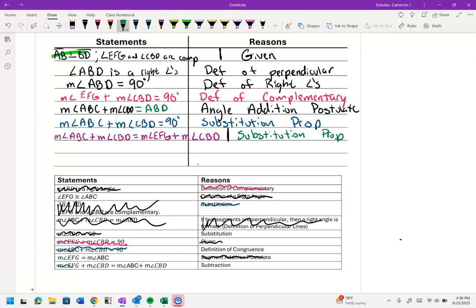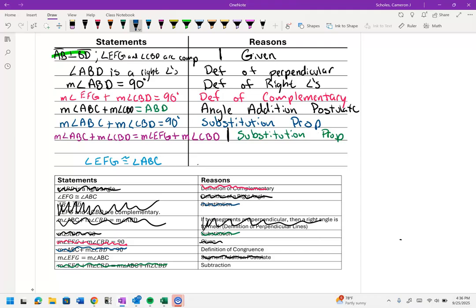So we would eliminate the very bottom word bank for the statements, and then we will eliminate the last substitution. So we only have two things left. The proof is always going to be at the very bottom, so we could actually just cheat a little bit right here, which is angle EFG is congruent to angle ABC. Now we're going to do some algebra right here.